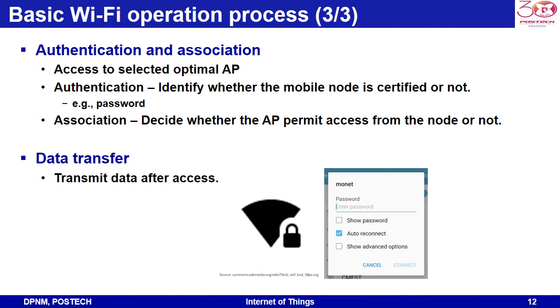After finding and selecting an access point I wish to communicate with, the next step required is authentication and association. Authentication involves checking whether the mobile device has the right to use the base station or not. Password checking is the most popular method of authentication.